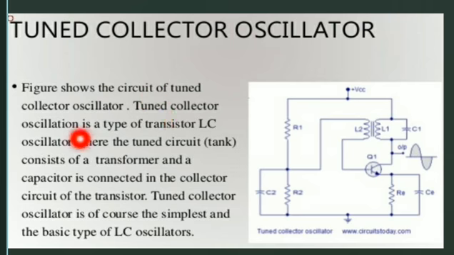Tuned collector oscillator is a type of transistor LC oscillator. L means inductor, C means capacitor. The tuned circuit, that is the tank circuit, consists of a transformer and capacitor connected in the collector circuit of the transistor.